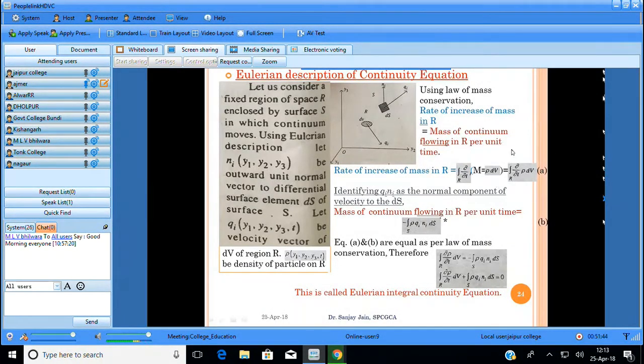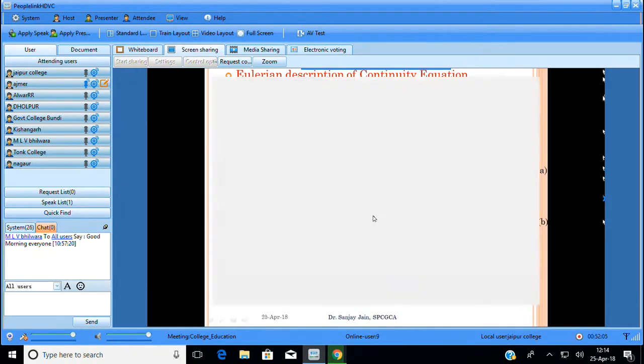Both should be equal by the continuity law, so we take them equal. By taking this to the other side, we get a relation in integral form, and this is called the Eulerian integral continuity equation. Clear?